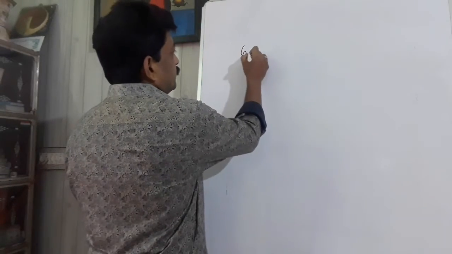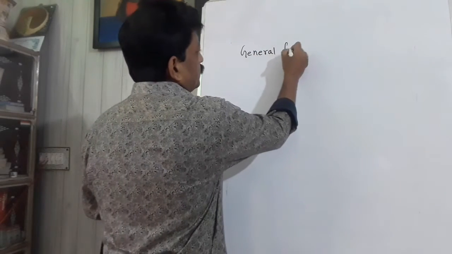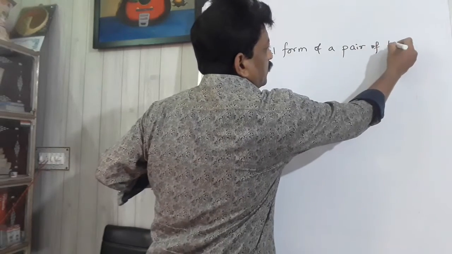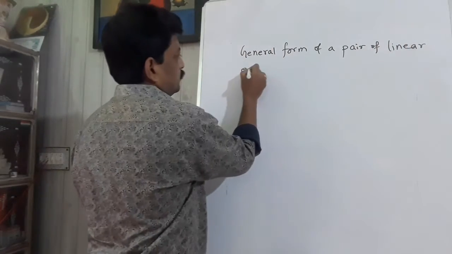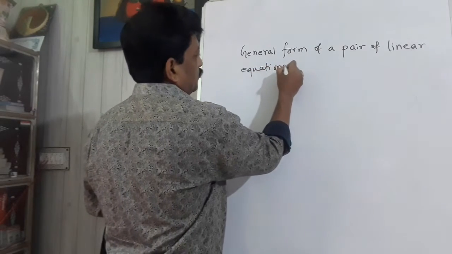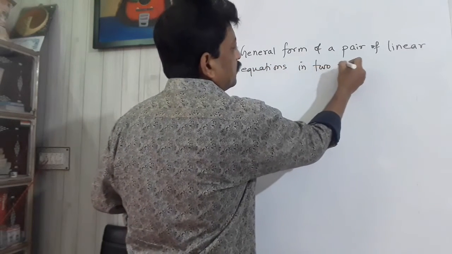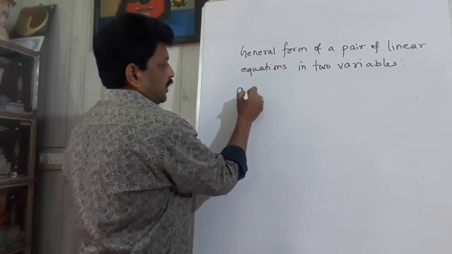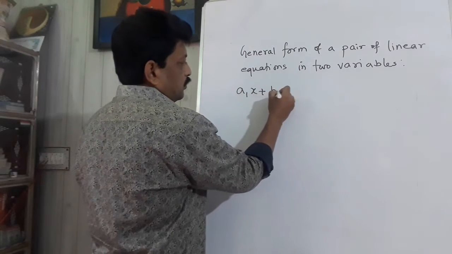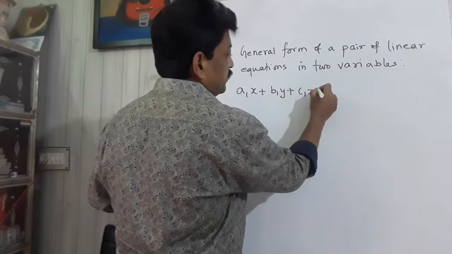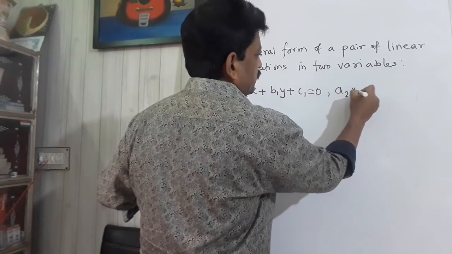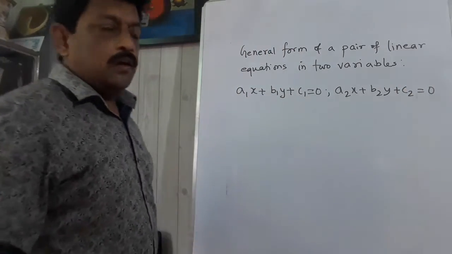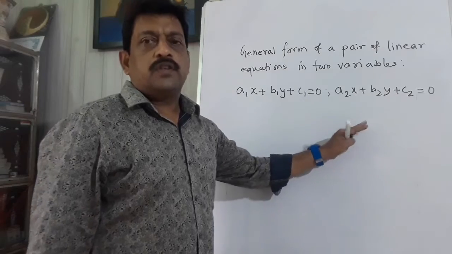The general form is given in this way: a1x plus b1y plus c1 equals 0 and a2x plus b2y plus c2 equals 0. We all know this, the general form.